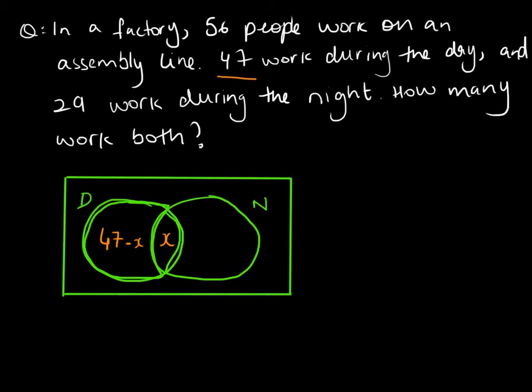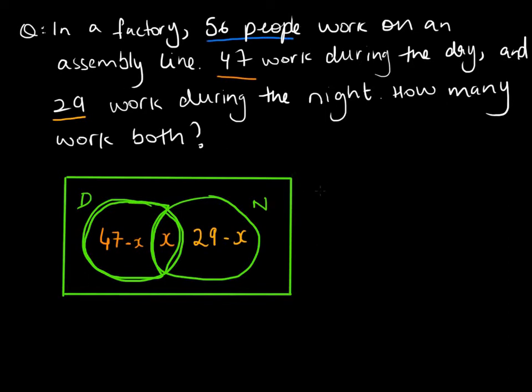Now, if we repeat that for the number of workers who work during the night, we know 29 people work during the night, so the number of workers who work only at night will be 29 minus X, because X is the number of people who work during the night and during the day. Now here we have an equation. We know that 56 people in total work on the assembly line.